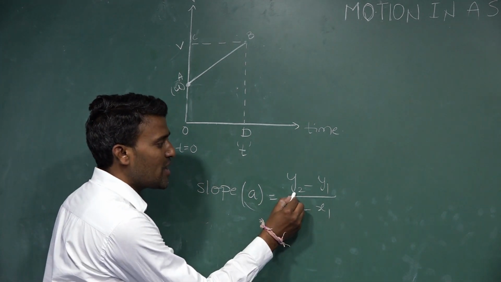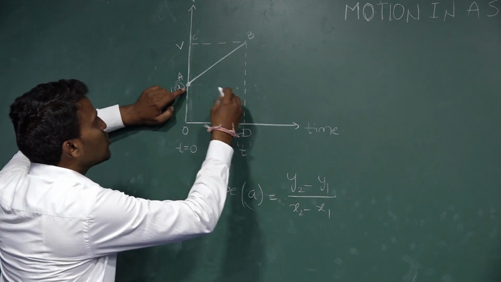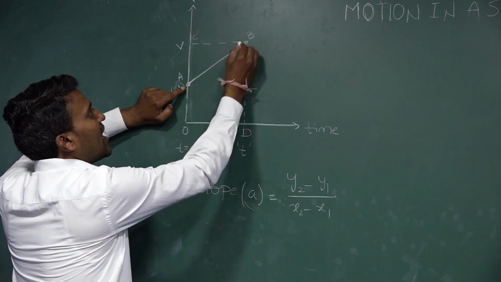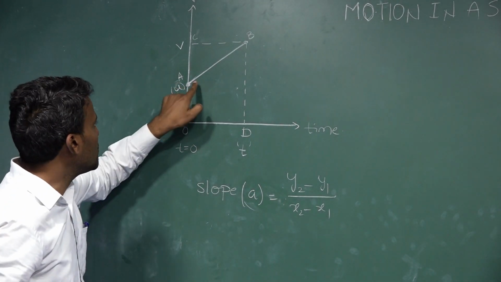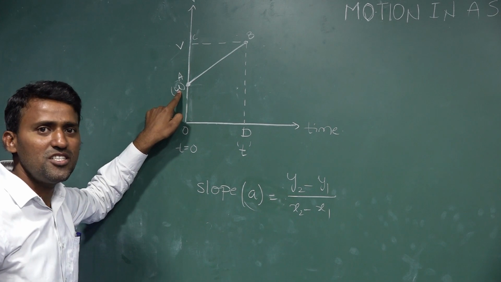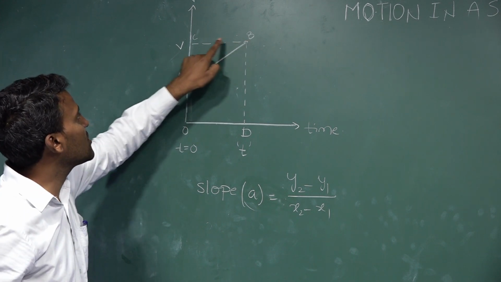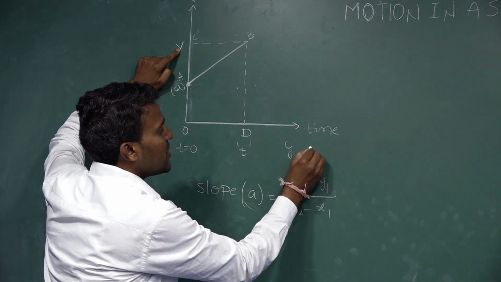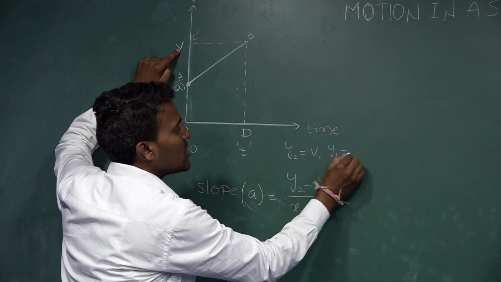Here, for y2 minus y1, I am taking any 2 points: A and B are the 2 points. Position A on the y-axis is the velocity u, and position B on the y-axis is v. So y2 is equal to v and y1 is equal to u.